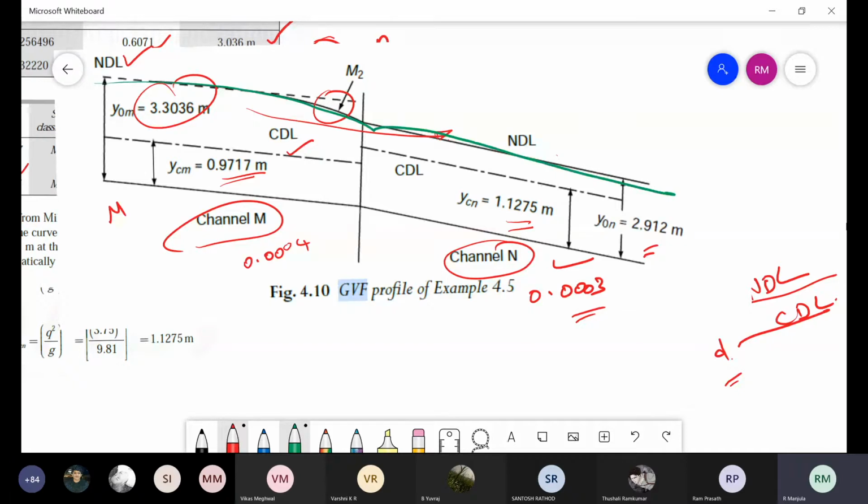When the normal depth is changing from 3.3 to 2.9, it is in between the normal depth line and the CDL, hence the curve is an M2 curve in channel reach M. And if you take this normal depth line, the flow is on this, and hence you can say this is again an M curve.